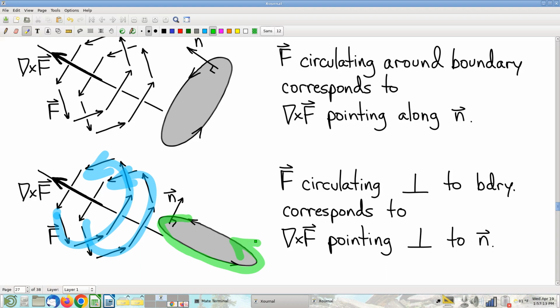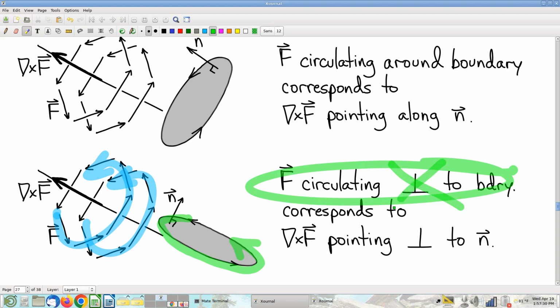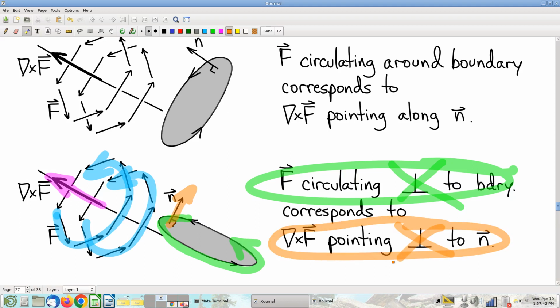The circulation that we're seeing in the fluid is just not happening along that boundary curve in different directions. And entirely consistently with the fact that there's really just not much circulation happening around that boundary, notice that the curl and the normal vector are also not really pointing in the same direction, right?